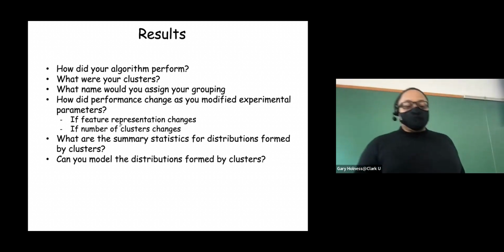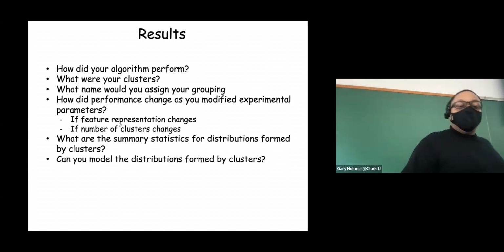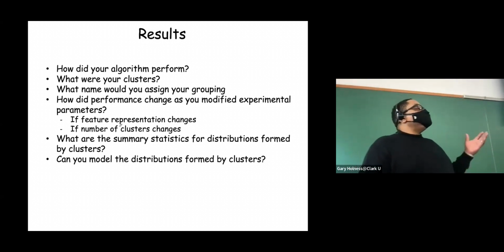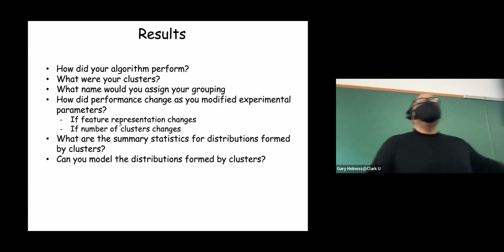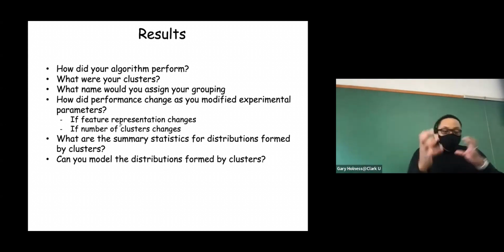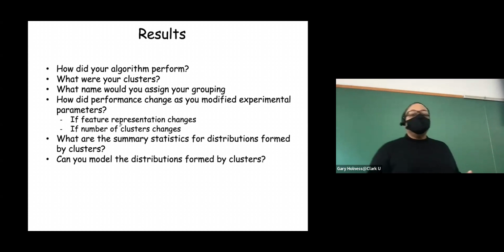So what were your clusters? What name would you assign these clusterings? It's up to you. How did the performance change if you modified the parameters? If you change the feature vector, if you change the number of clusters, if you change the distance measure. Somewhere among these choices is the notional best choice, and that's entirely dependent on your application, what you're after.